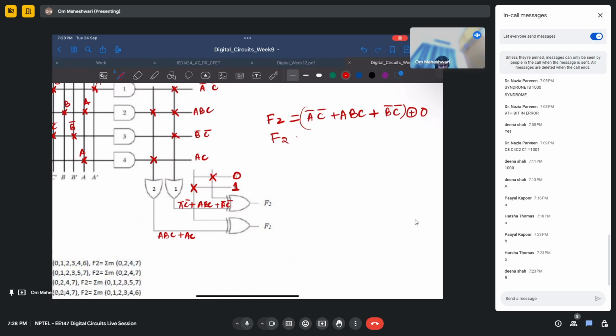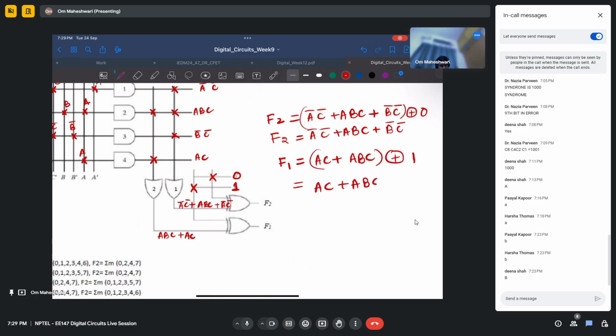So F2 is simply the same thing, A bar, C bar plus ABC plus B bar, C bar, and F1 is AC plus ABC XOR with 1, which is (AC plus ABC) whole bar.